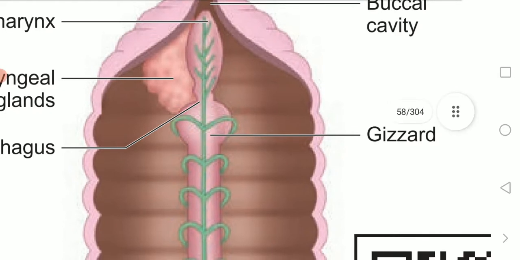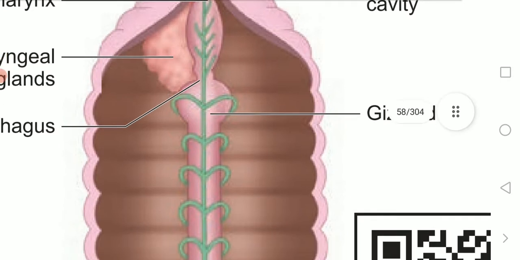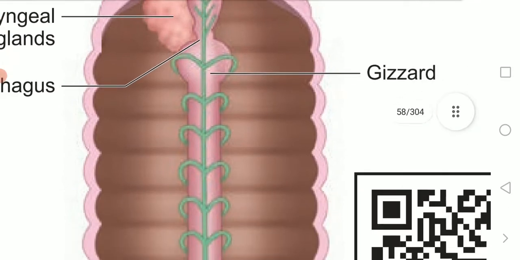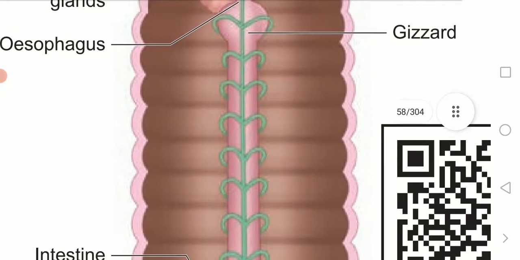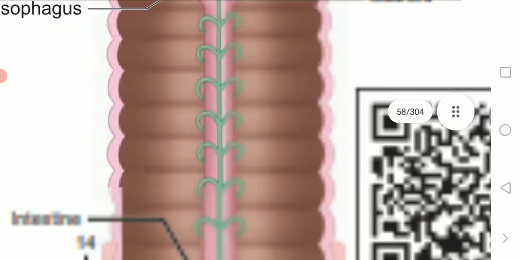Whatever soil they eat is ground by the gizzard. They also eat leaves and decay them, so the gizzard is also used to break down the leaves. Next part is the intestine. The intestine starts from the seventh segment and continues till the last segment.